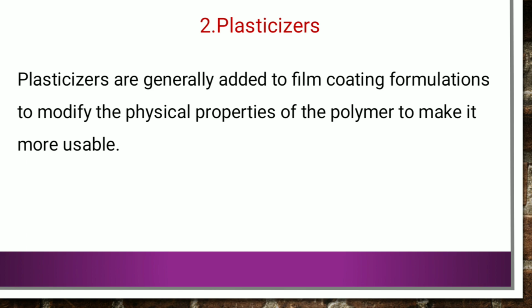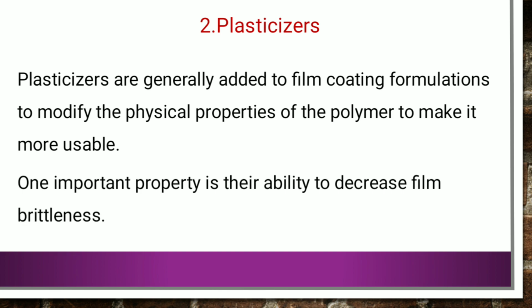So by adding plasticizers, one can decrease the brittleness of the film that is formed. The examples of the plasticizers are your organic esters, then some oils and glycerides. Also, in general, only water miscible plasticizers can be used for aqueous based spray systems.